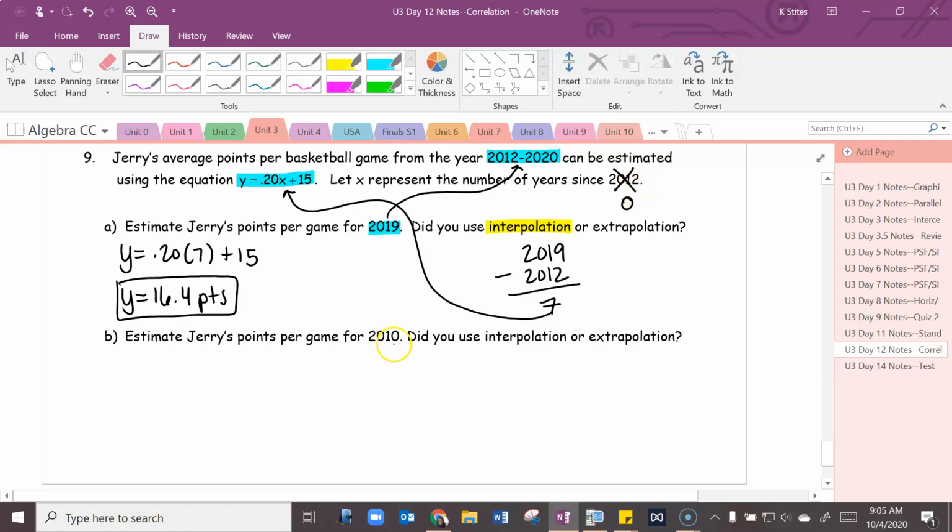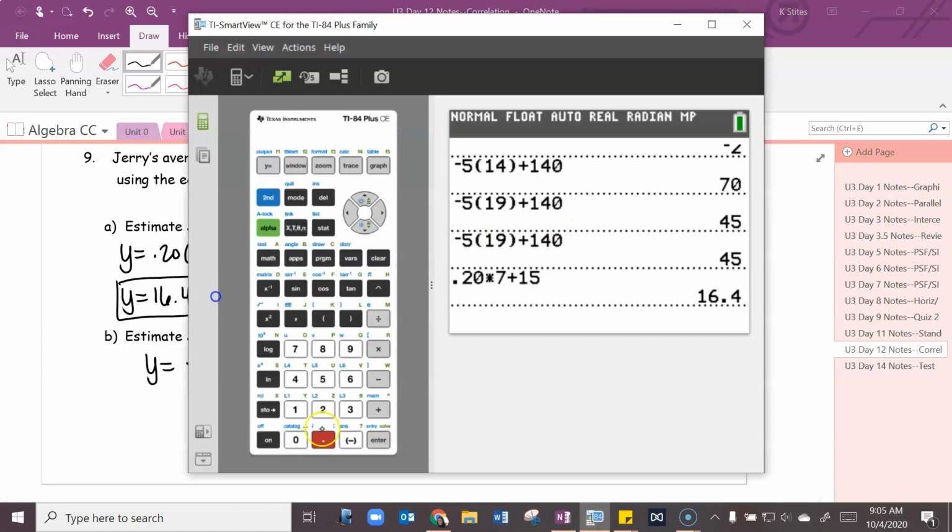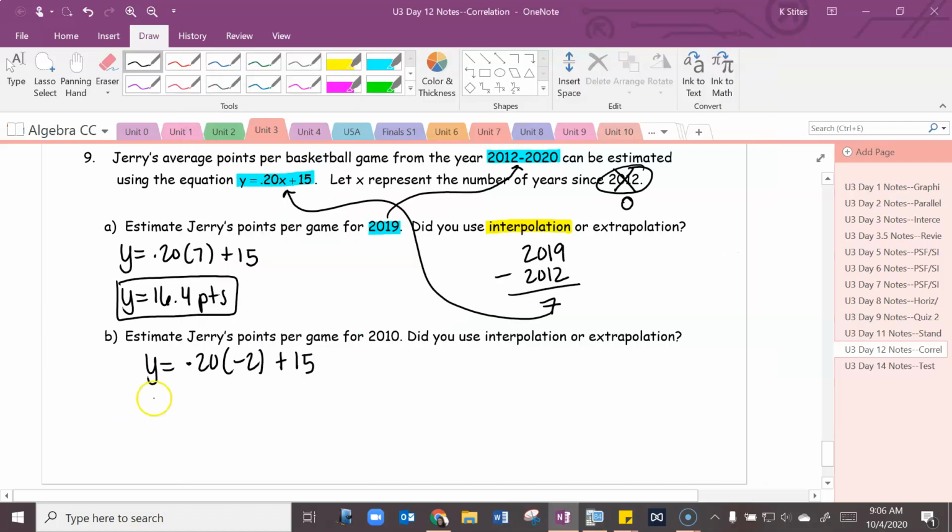Since 2010 is actually 2 years before 2012, we are actually plugging in a -2, 2 years before. Okay, that's a little unique here. So 0.20 times -2 plus 15, that gives us 14.6 points.